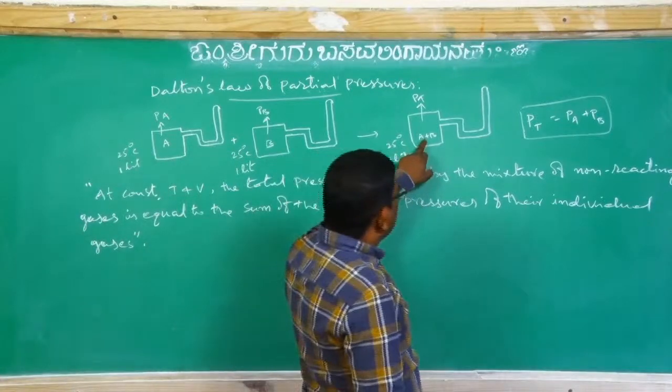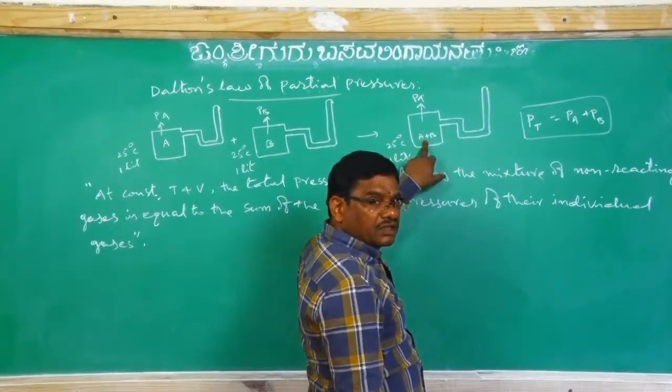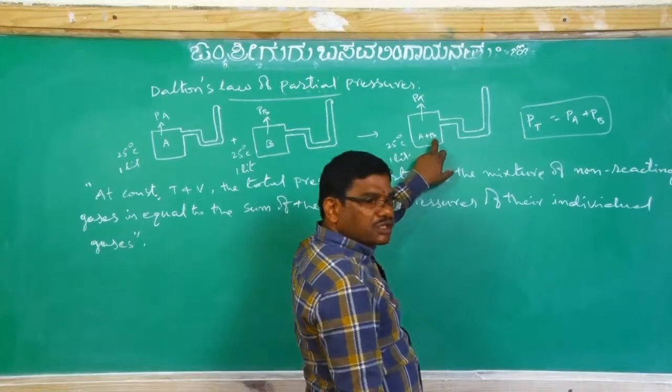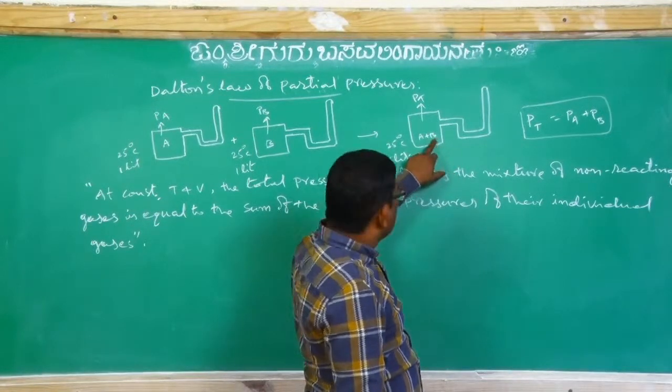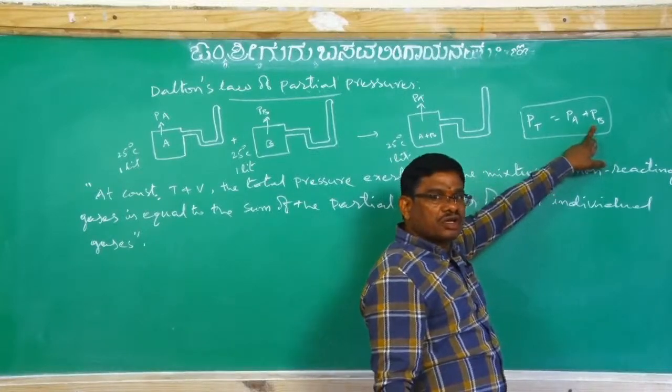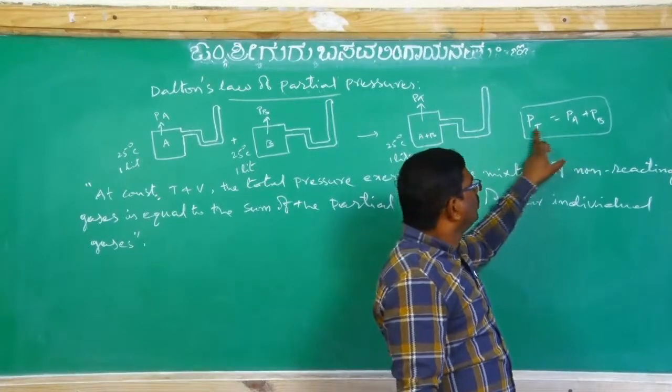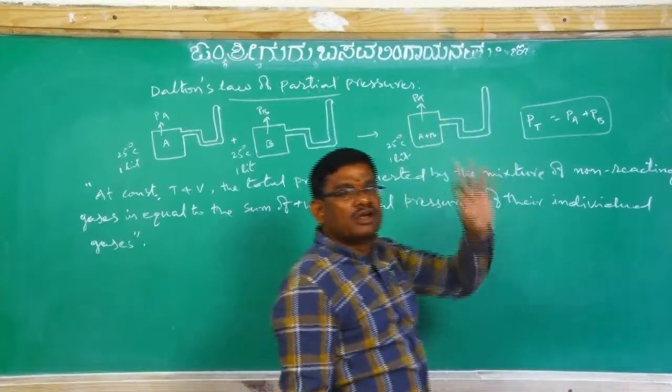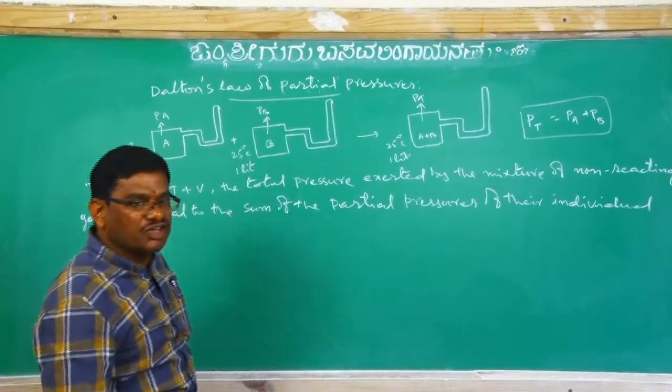Here A exerting pressure is PA, that is the partial pressure. B exerting pressure PB is also a partial pressure. So the sum of the partial pressures of these two non-reacting gases is definitely equal to the total pressure exerted by the mixture of non-reacting gases. Did you understand the definition?